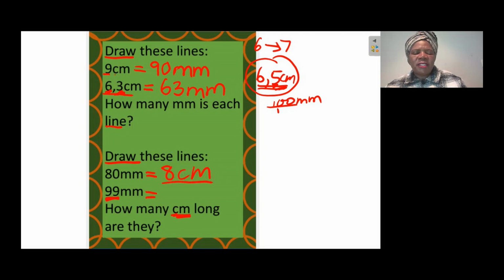That's 8 centimeters. And 99 millimeters will be 9 full centimeters and then a fraction. The other 9 millimeters is a fraction of a centimeter; they don't reach a full centimeter. So it's 9.9 centimeters.